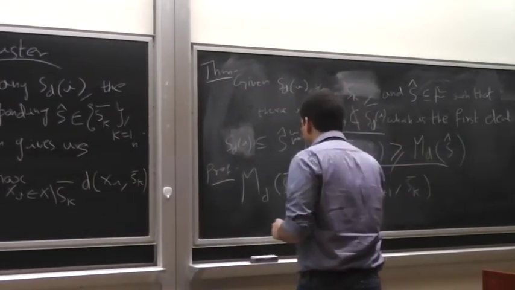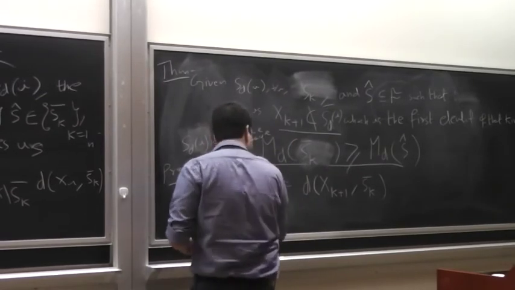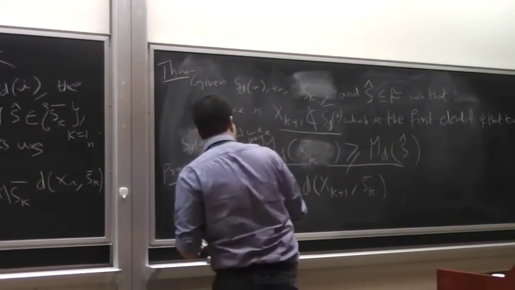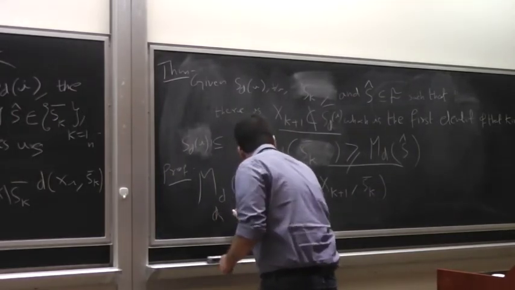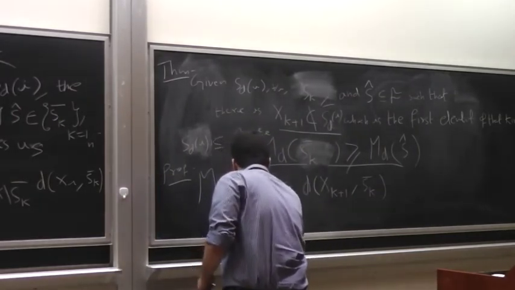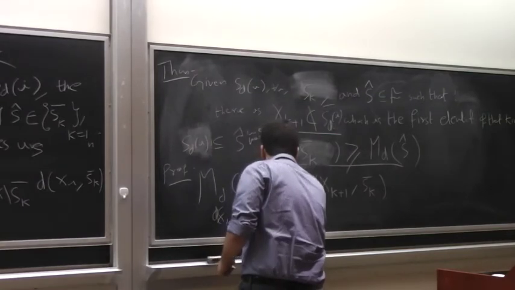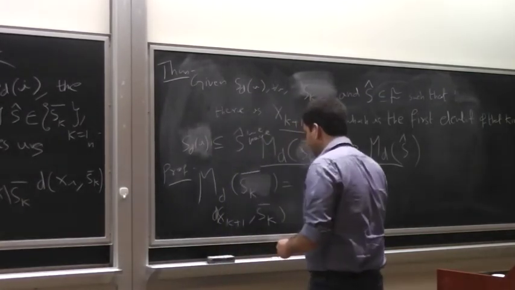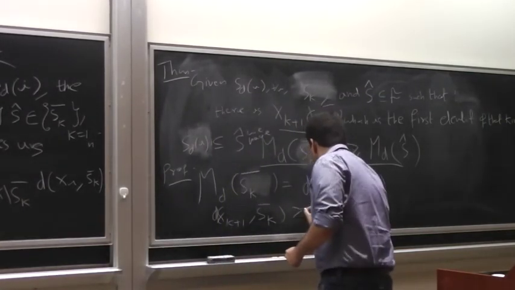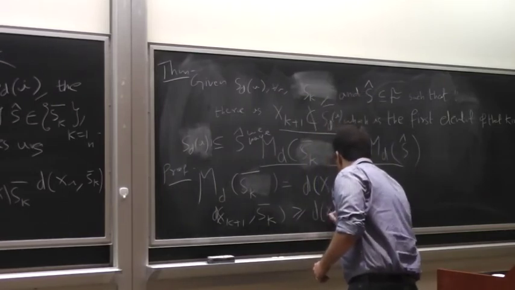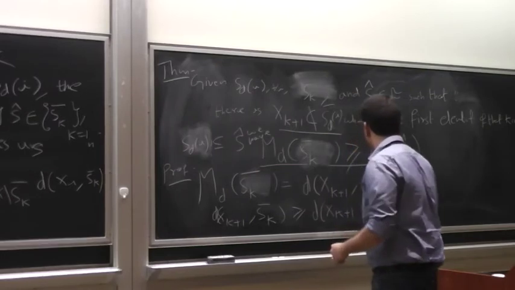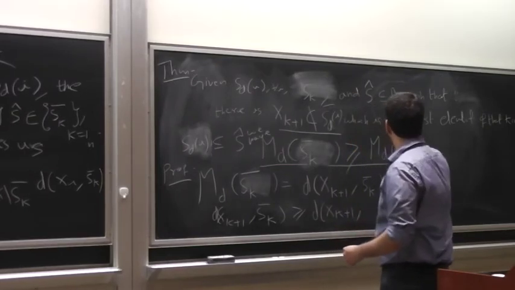And this next statement would be as follows. d of x_{k+1}, S_k bar is going to be greater than or equal to d of x_{k+1}, S hat.